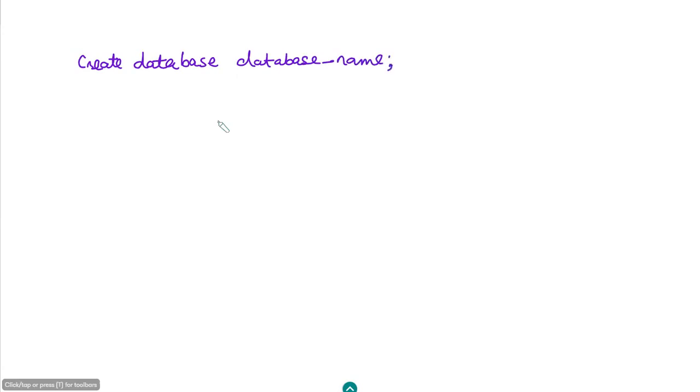After that, you have to put semicolons to tell the compiler it should terminate after reading this query. This is the terminating point, right? So this is the syntax to create a database, a database name in the database, right?